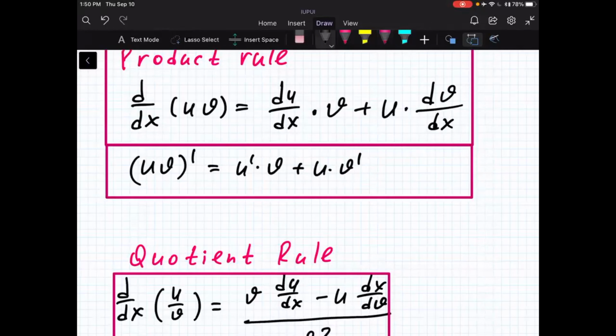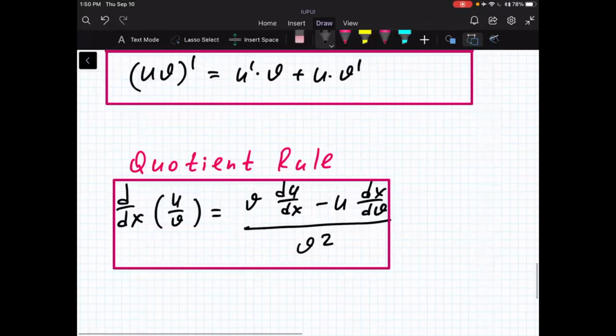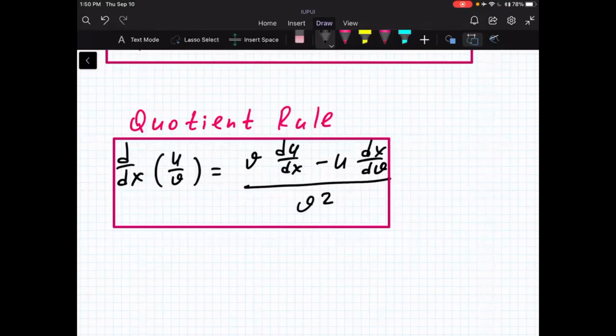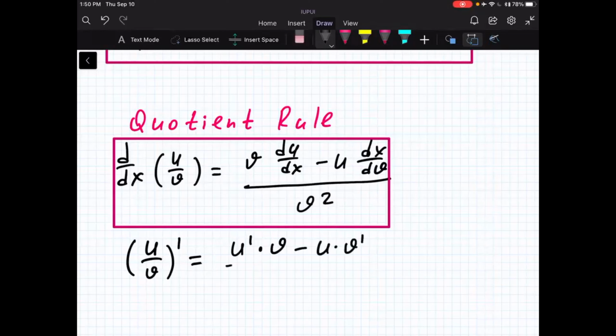So what happens, you have the prime, and it goes to the first function, plus when the prime goes to the second function. And then the quotient rule can also be written in the following form. So you have (u over v) prime, which is, maybe for me it's better to write it this way, u prime times v minus u times v prime, divided by v squared.